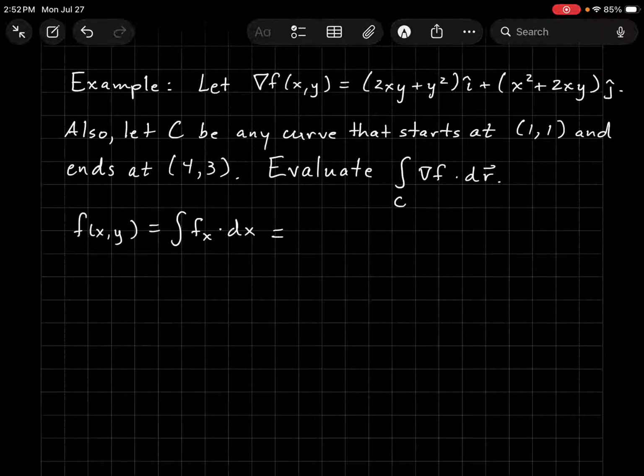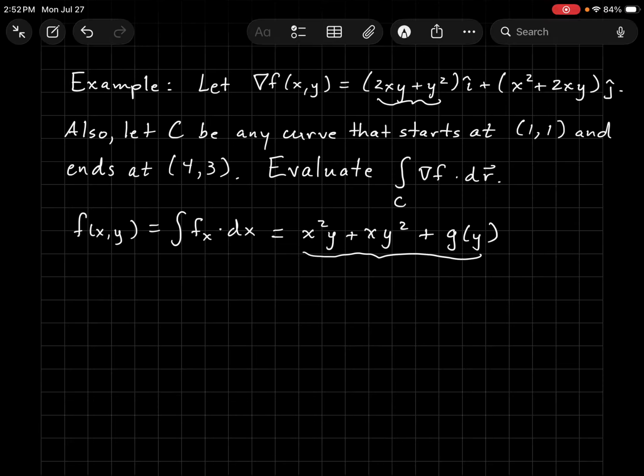So I'm going to integrate this with respect to x, which gives me x²y + xy² plus some function of y only, right? Because if I were to take the partial of this with respect to x, I would get 2xy + y² + 0.